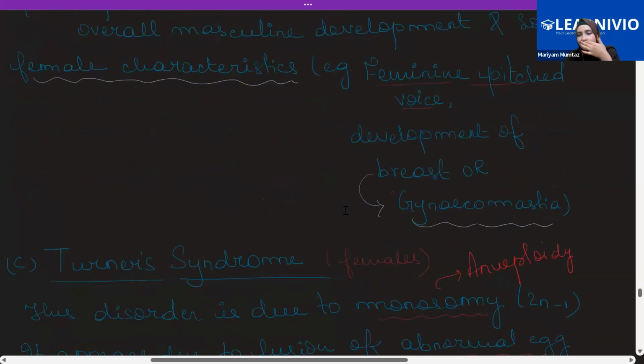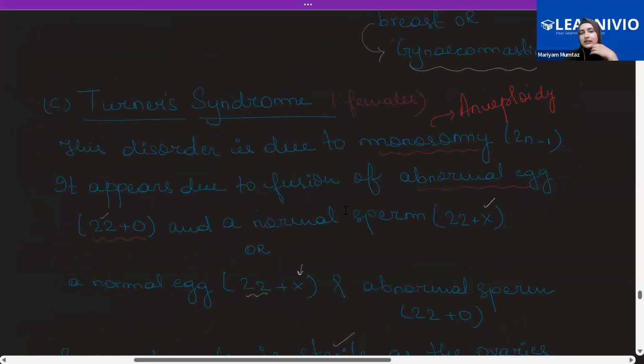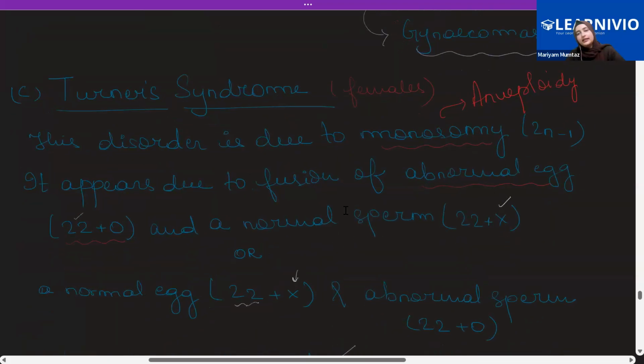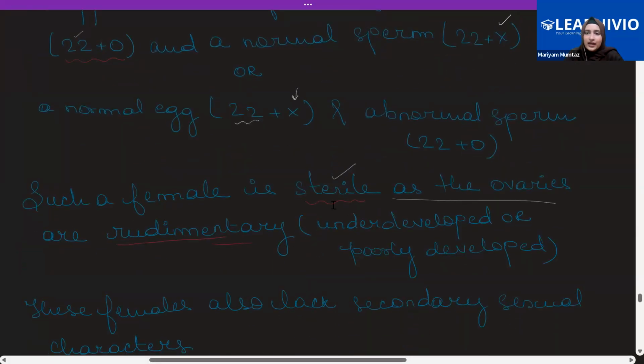Understood? The last disease under chromosomal disorders is Turner syndrome. This one affects only the females, and it is because of monosomy. Monosomy means 2n-1, that is, one chromosome is missing. It appears because of the fusion of an abnormal egg that has the autosomes but no X chromosome with a normal sperm. Or it happens when a normal egg meets an abnormal sperm.